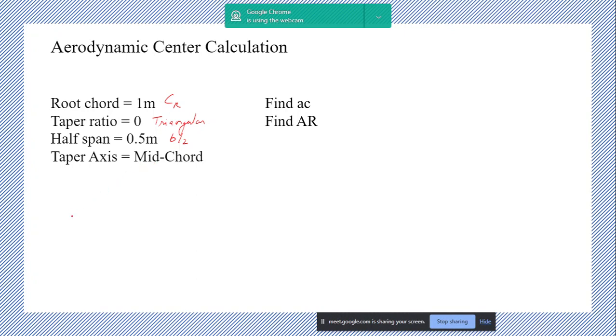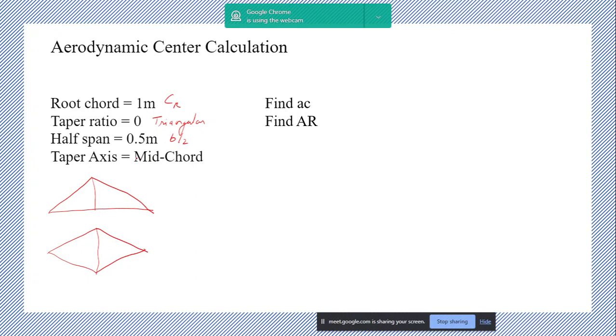So when they say taper axis, your triangular wing can be like this. It can also be like this, right? Both of these are triangular wings.